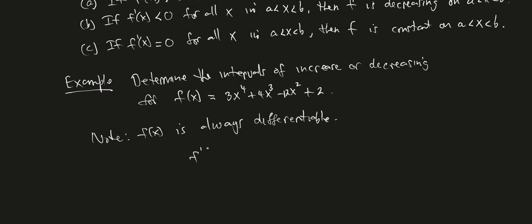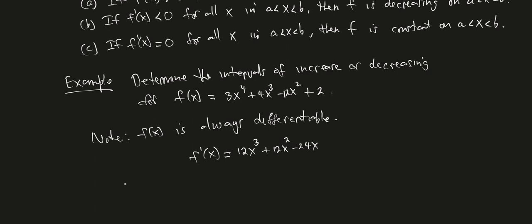Let's start with our derivative. So our derivative here is 12x cubed plus 12x squared minus 24x, and then our constant goes away, right? So thinking of the three things that we have to do, right? We always start by finding the zeros of the derivative. You know, you take the first derivative, set it equal to 0.